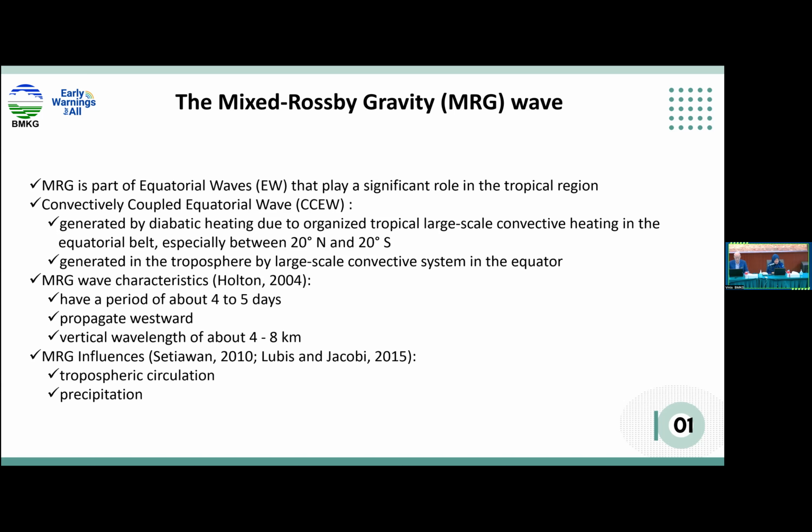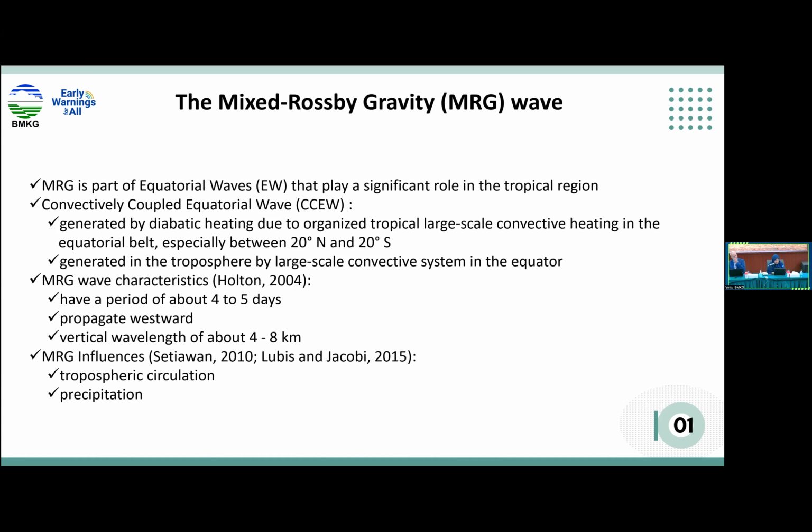The MRG wave characteristics, based on a paper from Holton in 2004, are a period of about 4 to 5 days. It is shorter than equatorial Rossby, of course, and it propagates westward like equatorial Rossby, but it's faster. It has a vertical wavelength of about 4 to 8 kilometers.